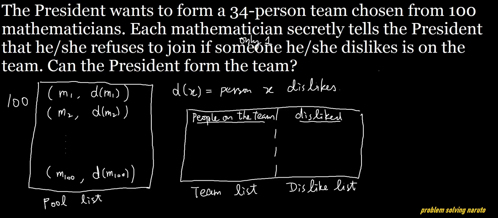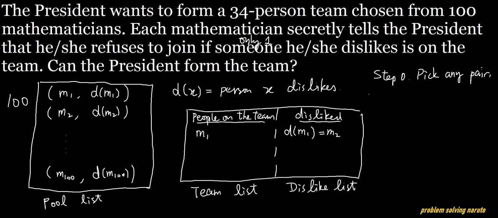So step 0, just pick any pair. Let's say I pick M1. Then I will put the name M1 on the team list, and I will put the name DM1 on the dislike list. Let's say this guy is M2, so M1 dislikes M2, and then I cannot put M2 on the team list, right?